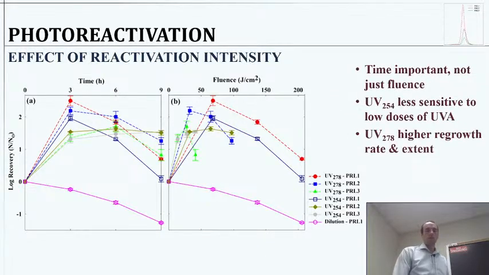We also checked, well, what happens if we change the type of light? We can see that some of these looked a lot different, and if we put it on a fluence base, there was something happening here where we were using up all of their photolyase's action pretty quickly, or if we gave them more light, it seems like it would happen more or less light.